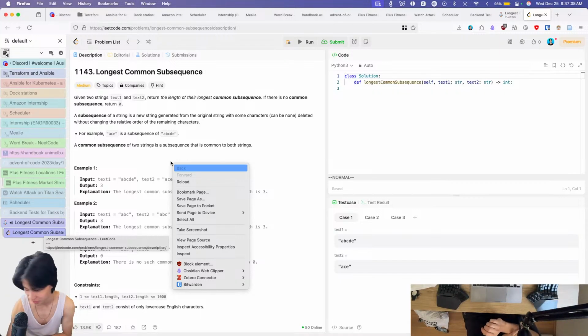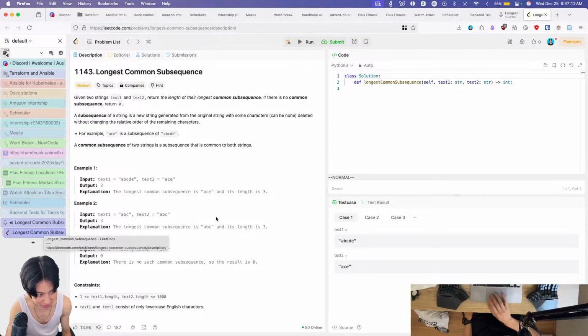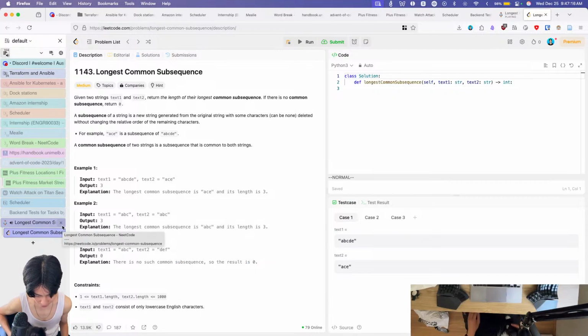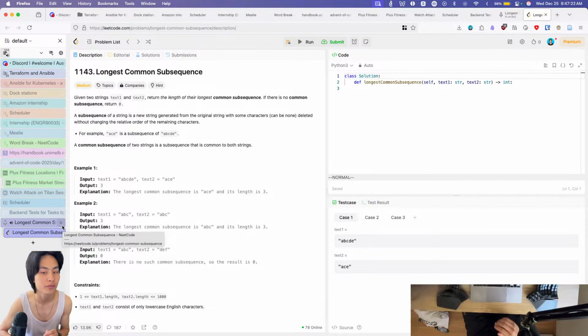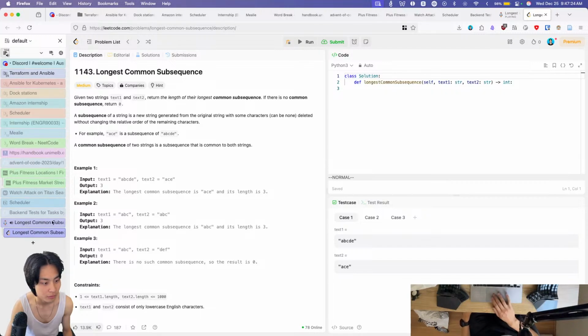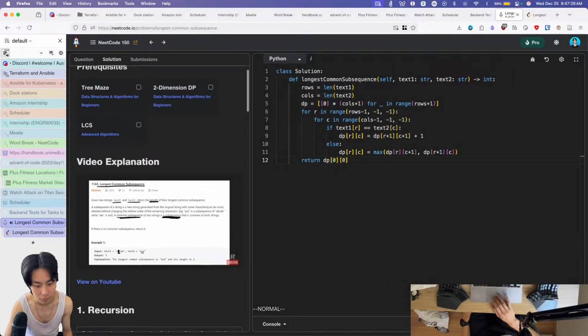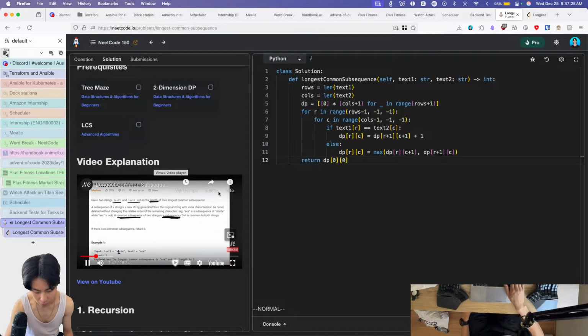But the second string does not have a D, right? So we can't include the D from the first string. But then we see the last character is an E, the last character in the other string is also an E. So we get the longest common subsequence to just be the original second string, right? Ace. Because ace can be found in the first string. All we have to do is remove a couple characters, right? Remove the B and remove the D.